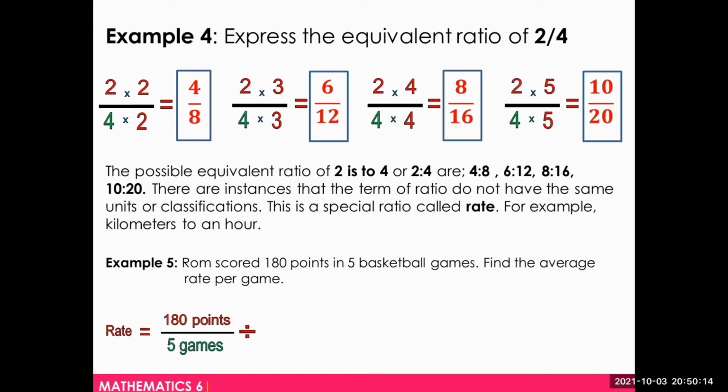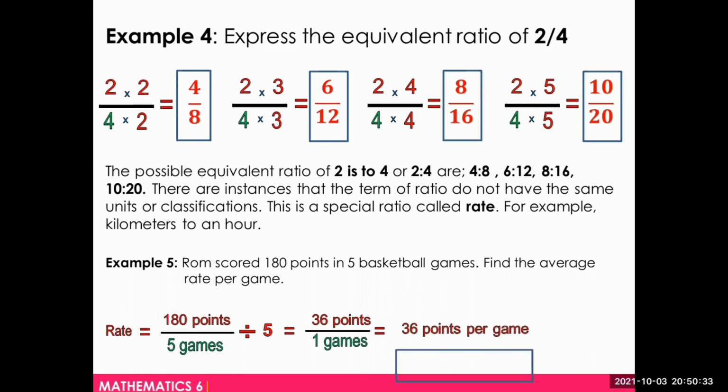Kunin natin ang kanilang greatest common factor, 5. 180 divided by 5 equals 36. 5 divided by 5 equals 1. So, 36 points per game ang ating magiging sagot. So, that is what we call rate.